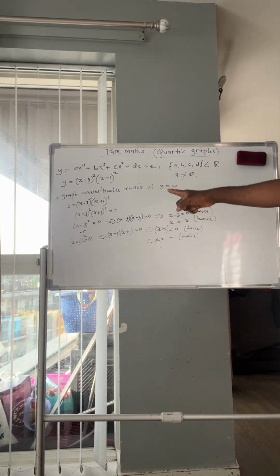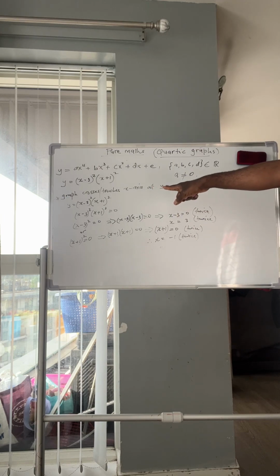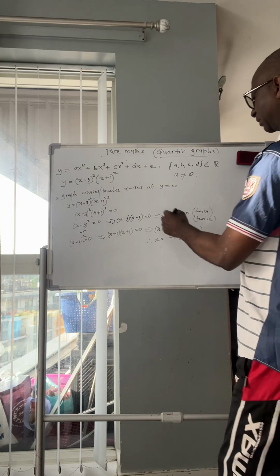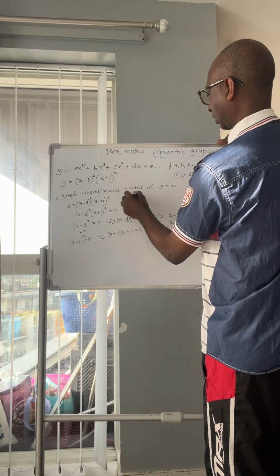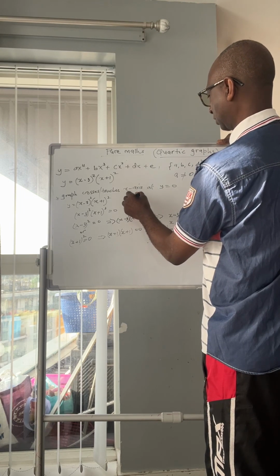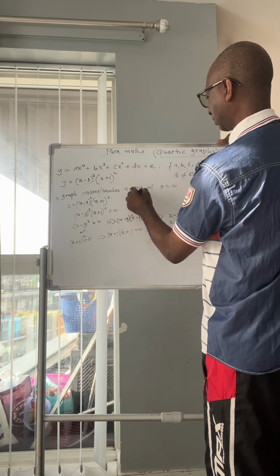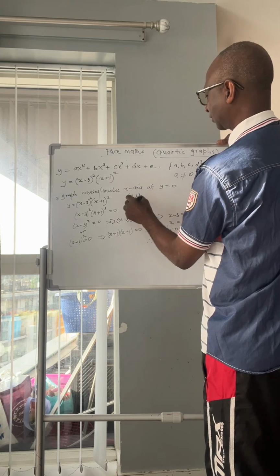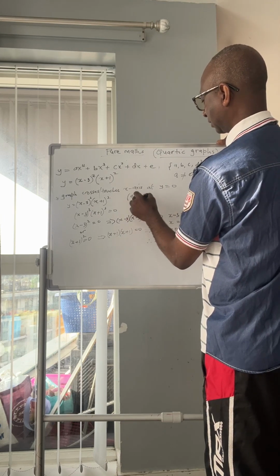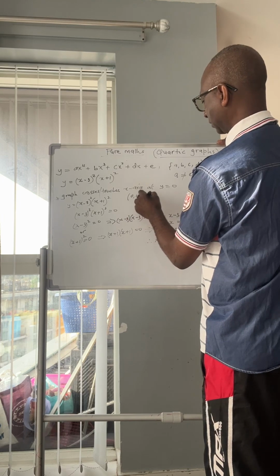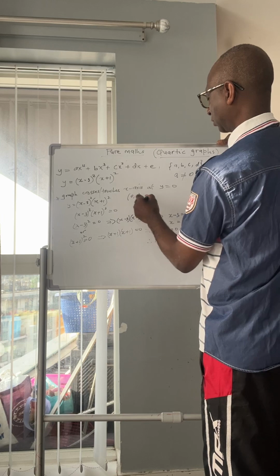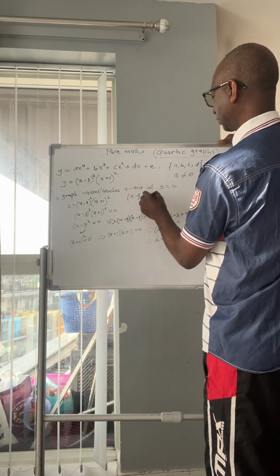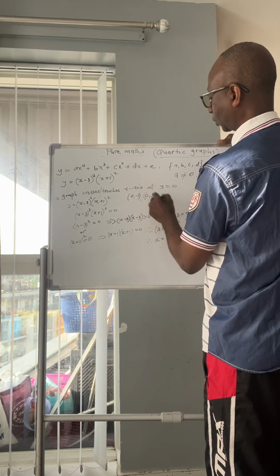Which means the graph crosses or touches the x-axis at minus 1 twice and at 3 twice.